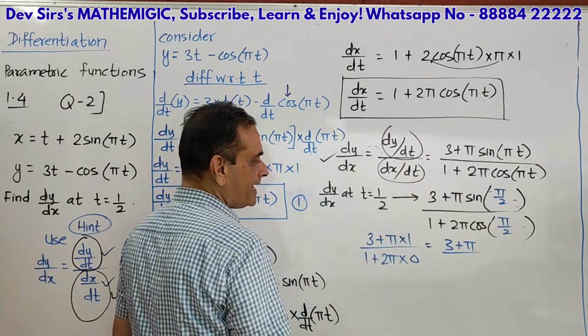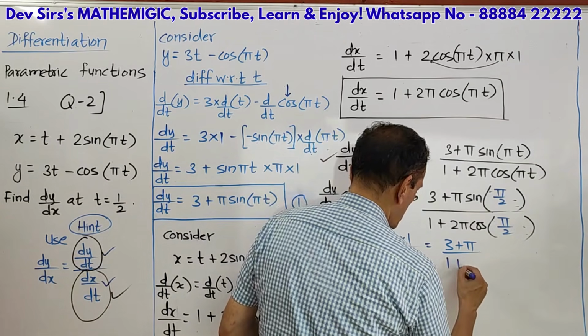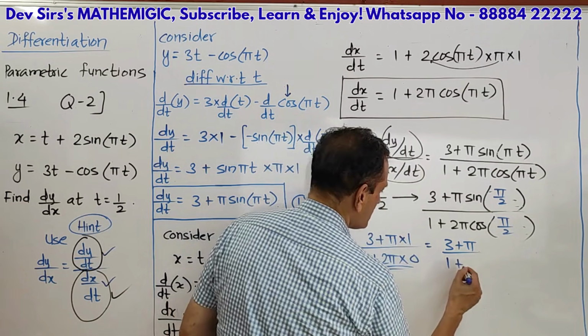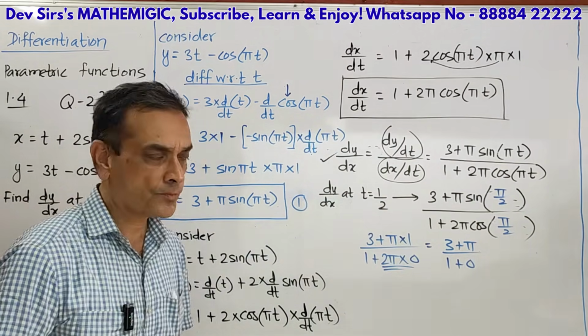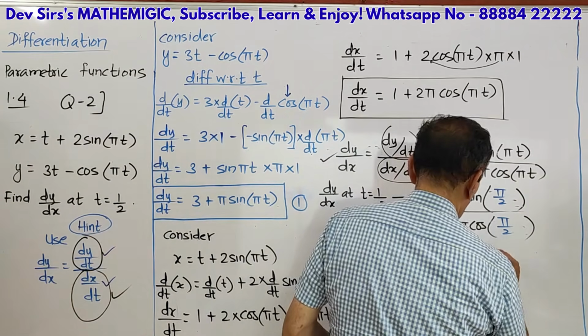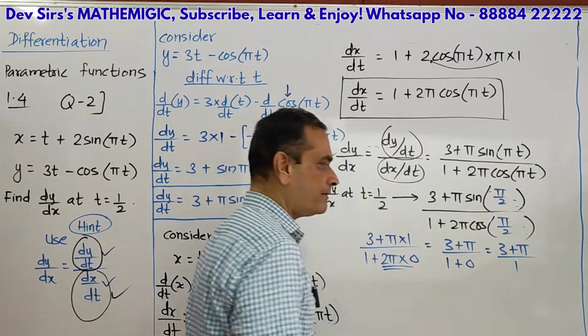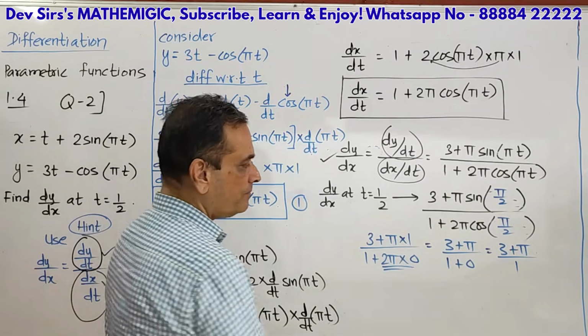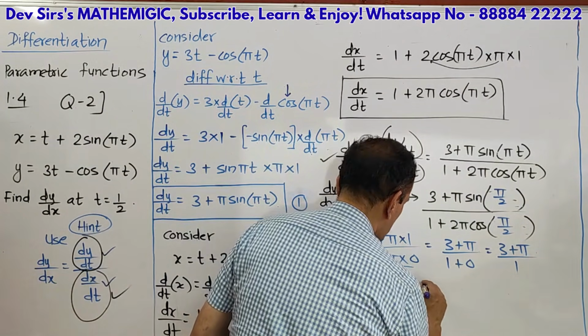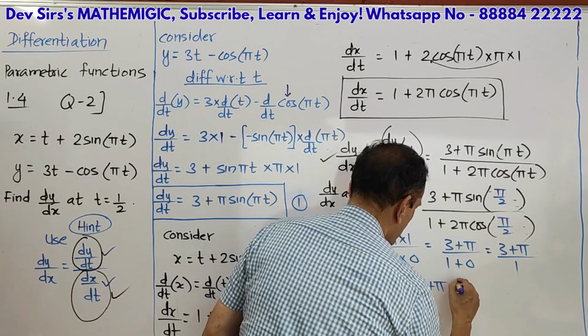So 3 plus pi, 2 pi into 0 is 0. 3 plus pi upon 1. 1 plus 0 is 1. So final answer is 3 plus pi.